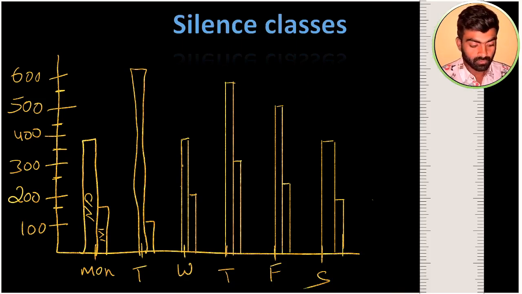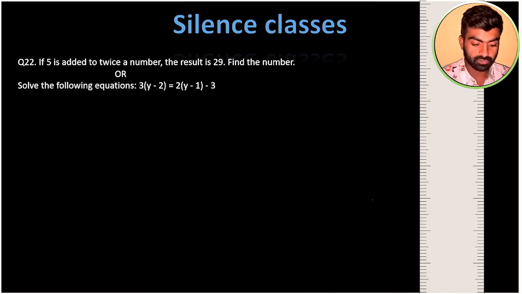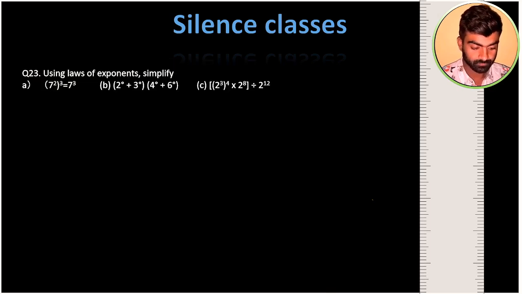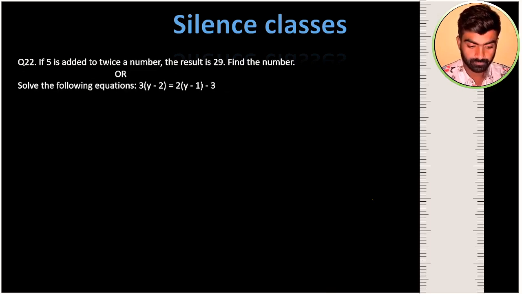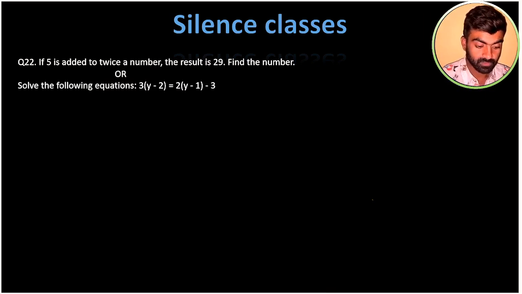Now let's move to the next question. Question number 22: if 5 is added to twice a number, means if there is any number, if we double that particular number, then add 5 to it, the result is 29.